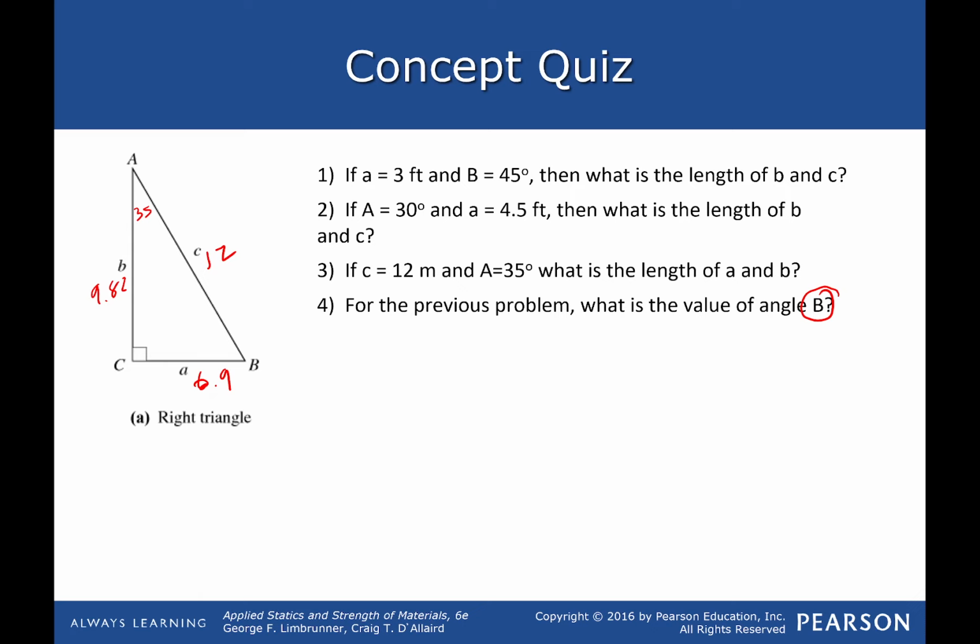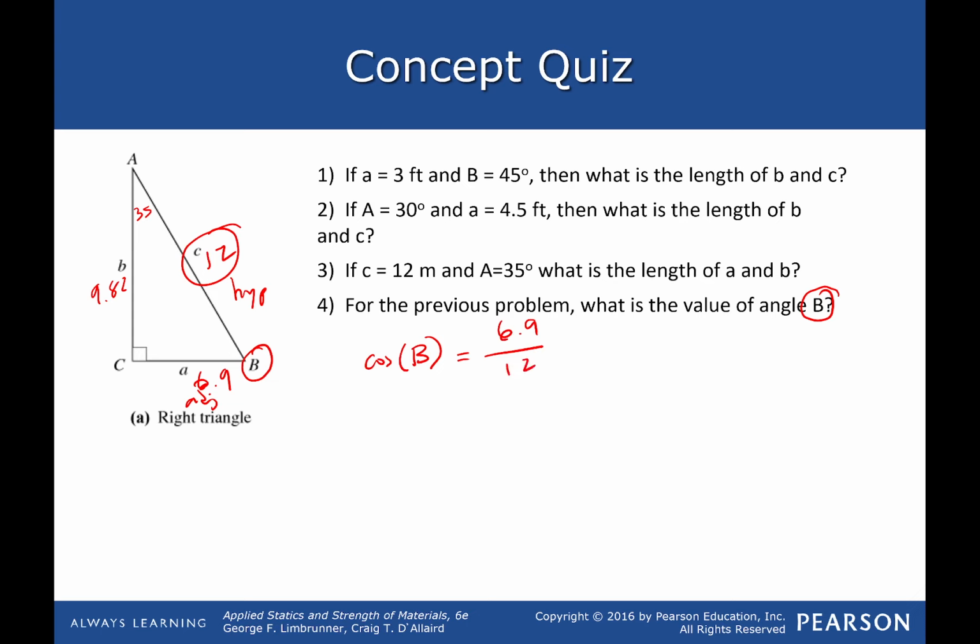So the first way is we use our trig functions. So I can pick any two of these sides that include angle B. So I want to choose, this is my angle now. And so I'm going to say, okay, adjacent over hypotenuse. So cosine of angle B is equal to 6.9 over 12.